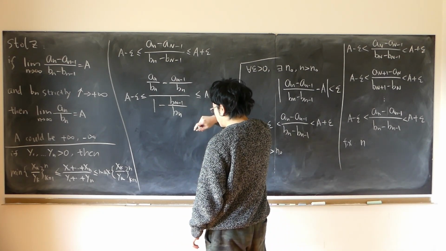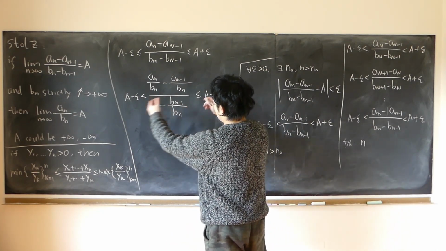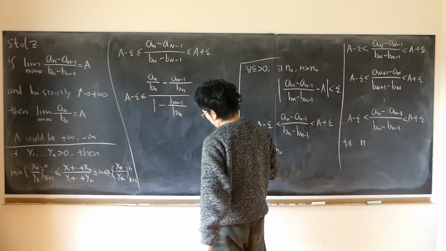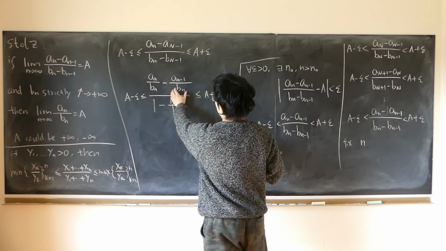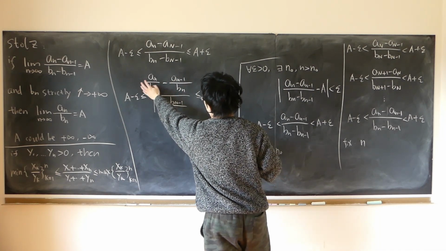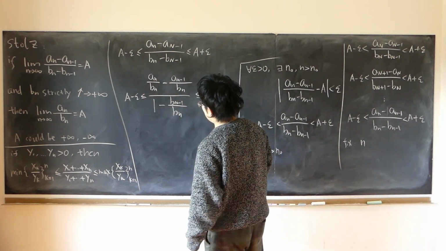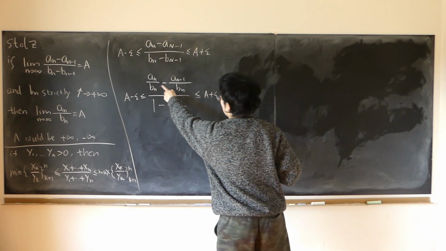Then we multiply both sides by the bottom and add an minus 1 over bn to cancel out this term. So we isolate an over bn.